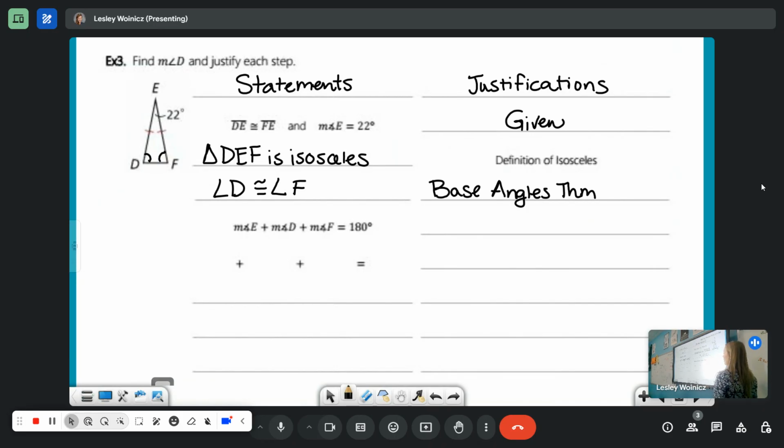So how do I know that the sum of the measures of angles E, D, and F is 180 degrees? We learned this yesterday. Starts with triangle. That is correct.